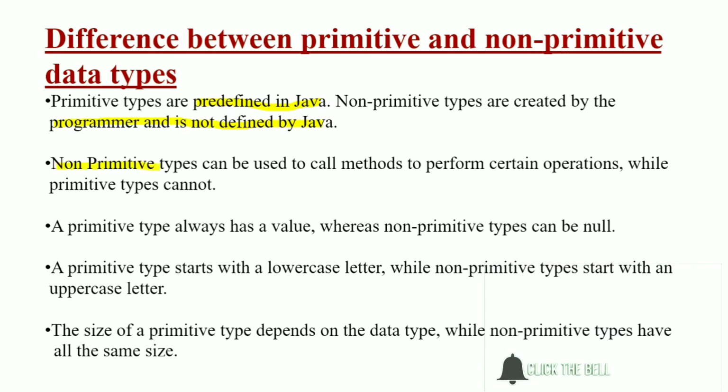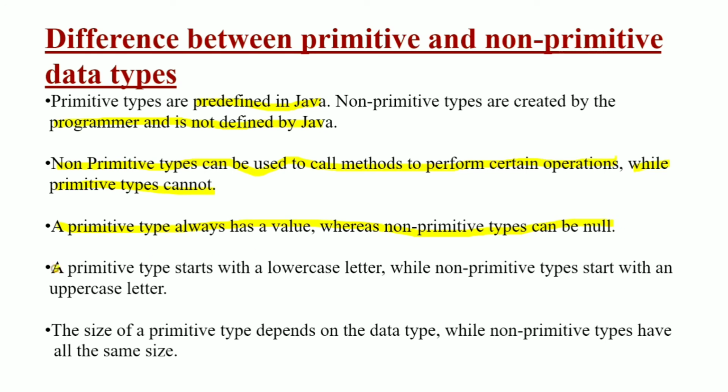Non-primitive types can be used to call methods to perform certain operations, while primitive types cannot. A primitive type always has a value, whereas non-primitive types can be null.